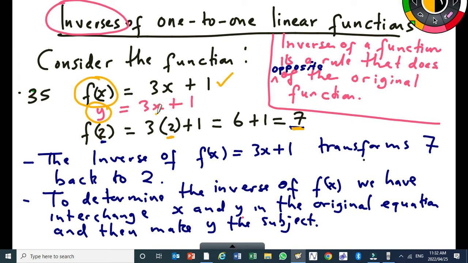Please, just to remind you, in maths, f of x is the same as y. If you see g of x, it's also y. If you see h of x, it's also y. So don't get confused. F of x is the same as y.